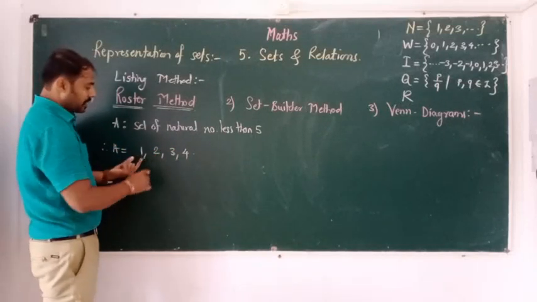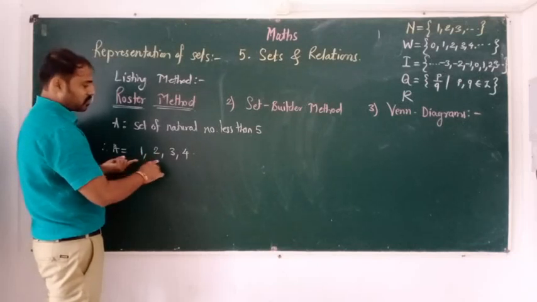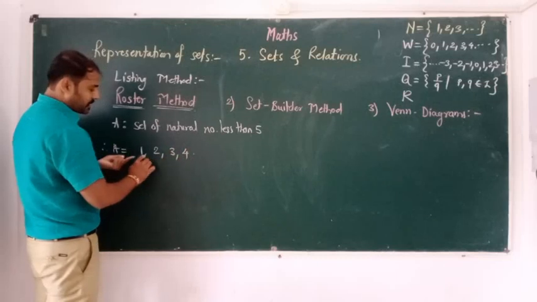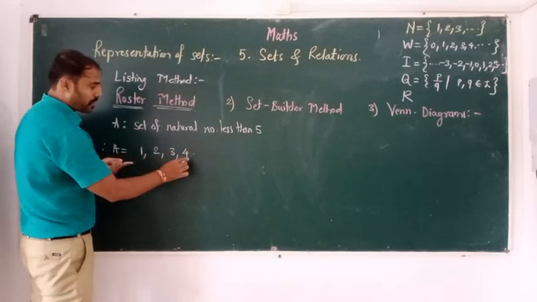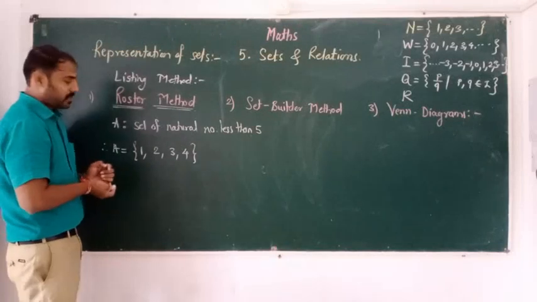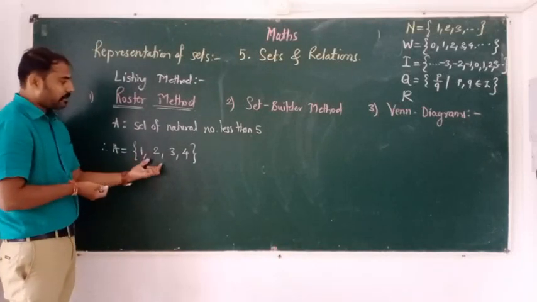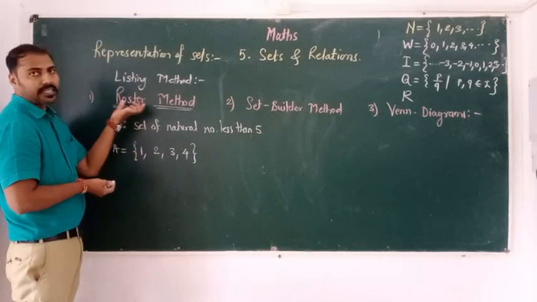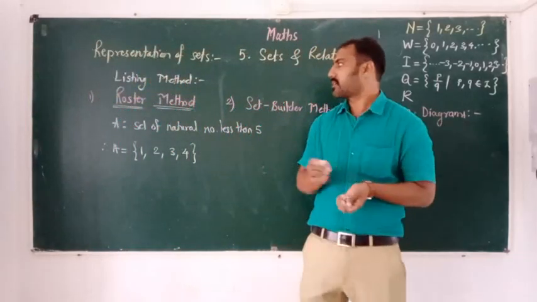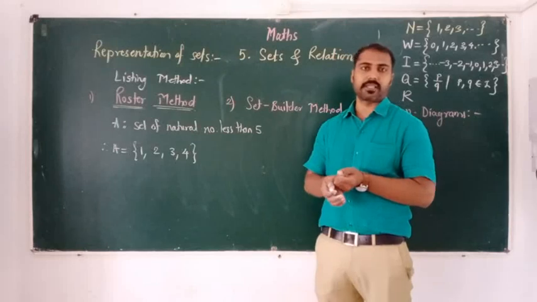So these are the objects 1, 2, 3, 4, the natural numbers less than 5, and we separate these numbers by commas and we write all these numbers in curly brackets. This type of representation of a set is called the roster method. Roster method is also called the listing method.